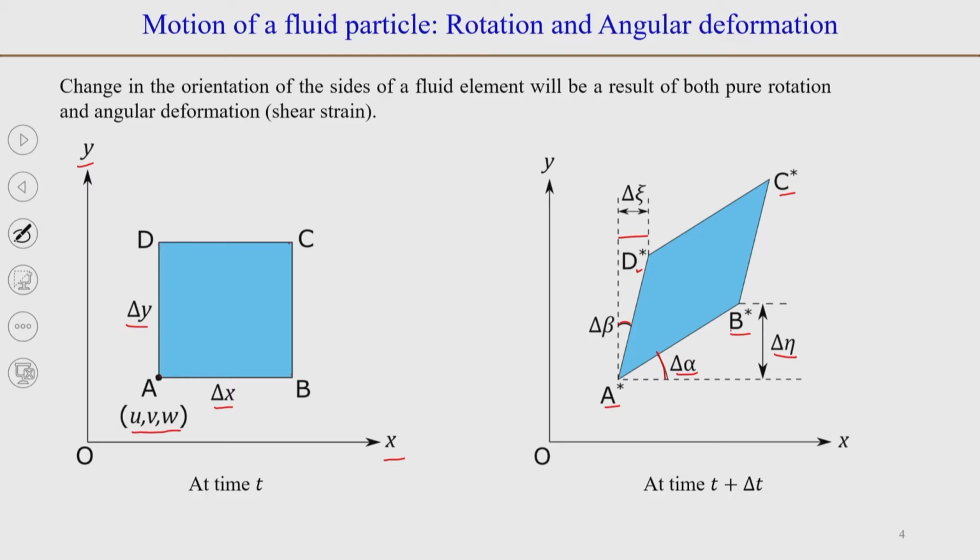The rotation of side A star B star is in the anti-clockwise direction, whereas the rotation of side A star D star is in the clockwise direction by an amount delta beta. And we can see that this fluid element has undergone rotation as well as angular deformation.